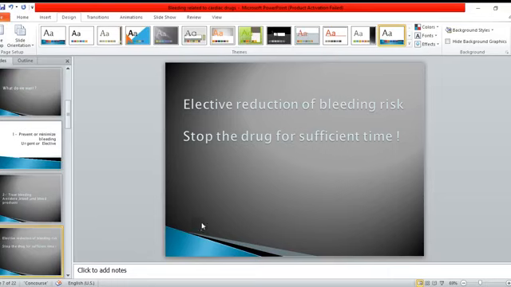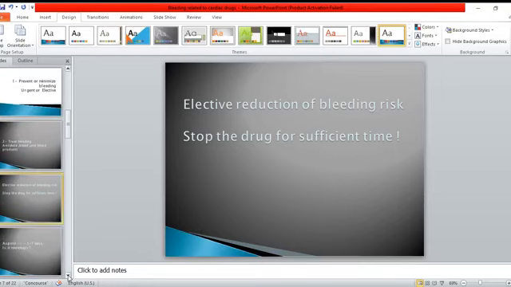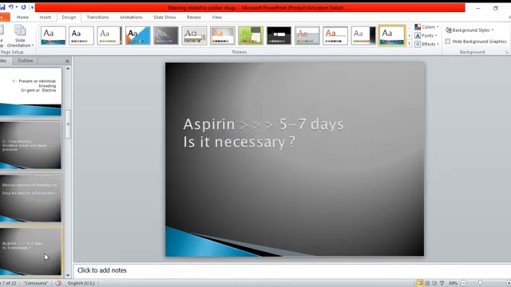In order to prevent bleeding, we need to stop the antiplatelet or the anticoagulant for sufficient time before the procedure. Just in short, in the case of aspirin, we may need to stop aspirin about 5 to 7 days before surgery. However, in most surgeries, we can still continue aspirin.